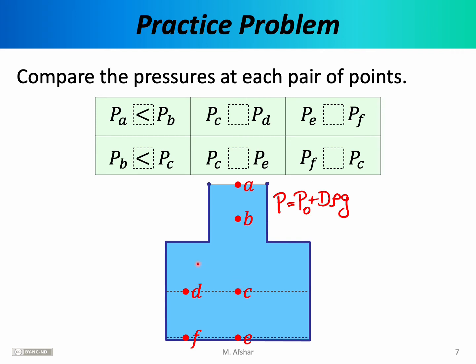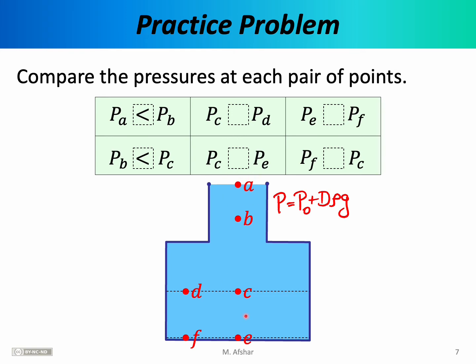What about points C and D? As you can see, points C and D are at the same depth inside the fluid. Another way of stating the same thing is to say that the y-coordinate of points C and D is the same. You can set up your coordinate system with its origin at the bottom of the container or at the top of the fluid.